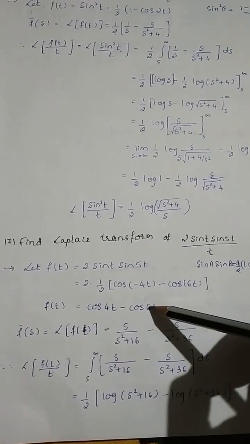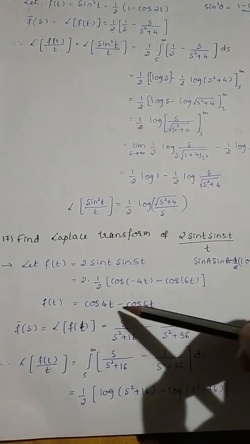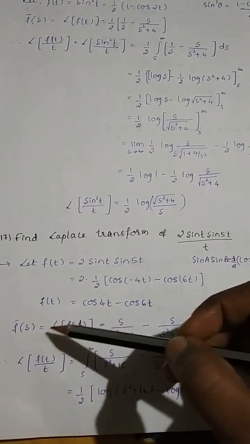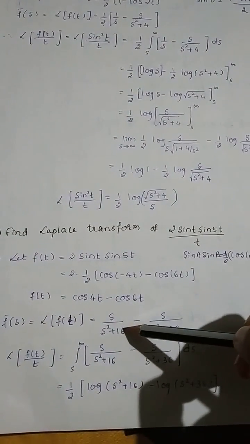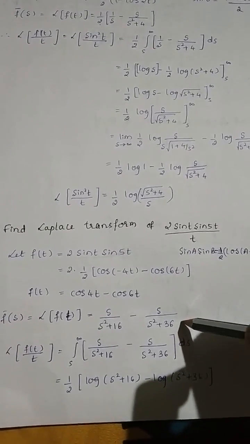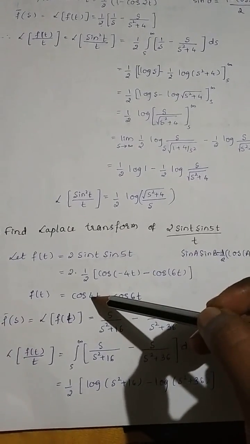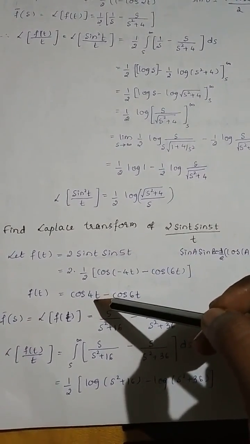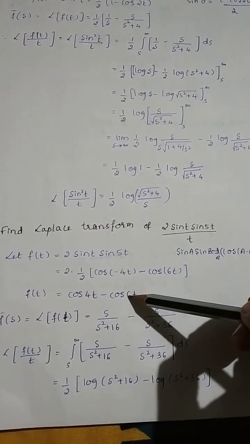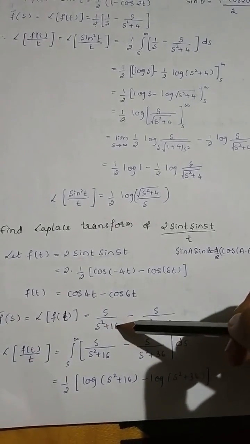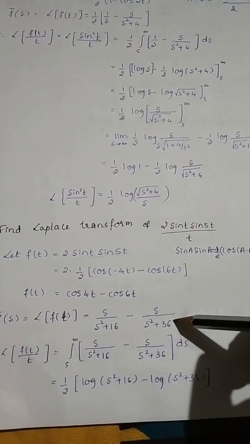Next, let us find f bar of s, the Laplace transform of this term. F bar of s is equal to L of f of t, that is s upon s square plus 16 minus s upon s square plus 36. The Laplace transform of cos at is s upon s square plus a square, here a is 4 and a is 6.